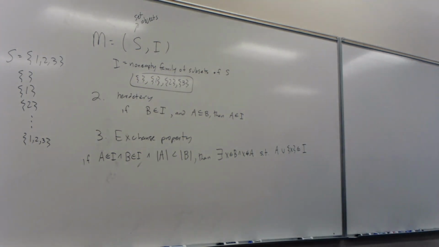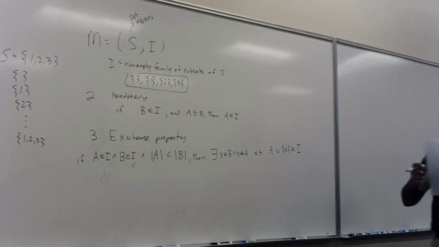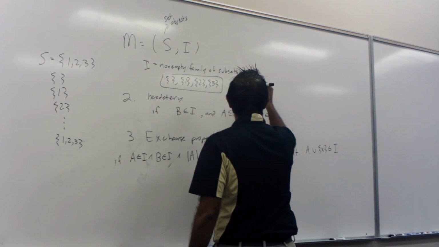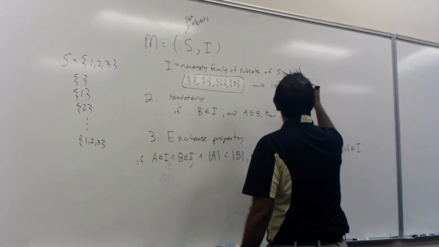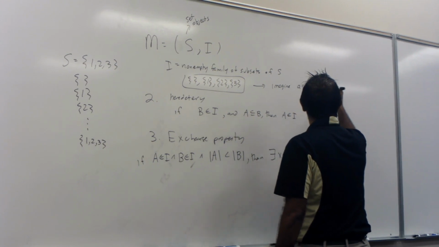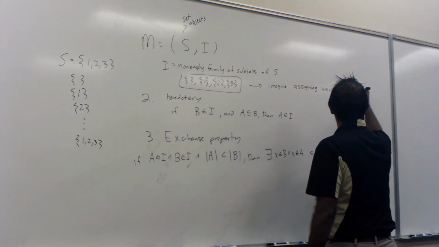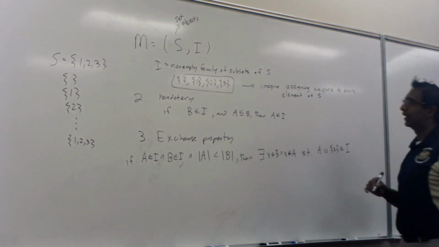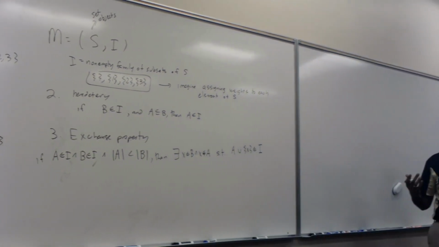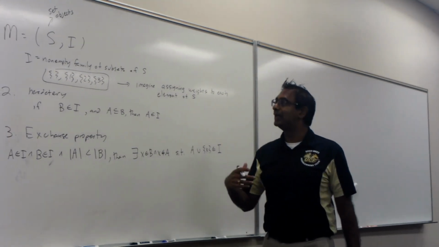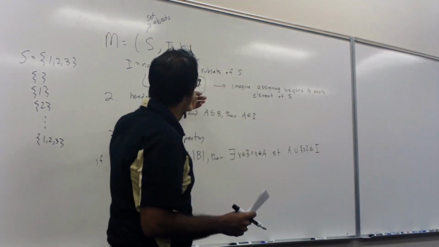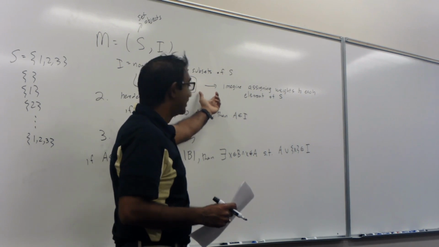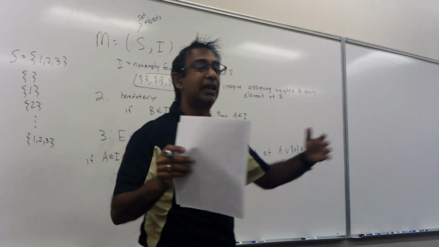So if you can prove that something is a matroid, then I'll get to the gist of it: imagine now assigning weights to each element of S. Each element of S has a weight, and we want to find one of these subsets in the family that's maximal, meaning it's got the most elements.